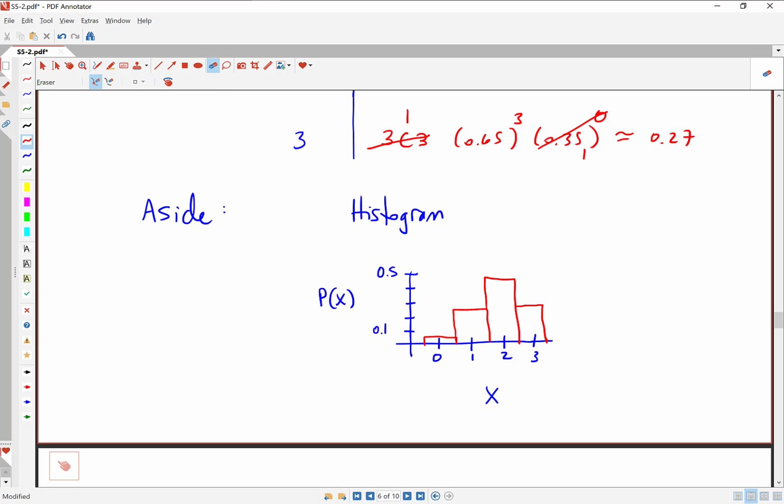Drawing histograms won't be a huge part of our course, but it is a nice aside since we put all that work into getting the probabilities. Now we've got a nice visualization of how this basketball player is likely to perform. We've got the number of successful shots on the horizontal axis, and probabilities of each of those scenarios on the vertical axis.